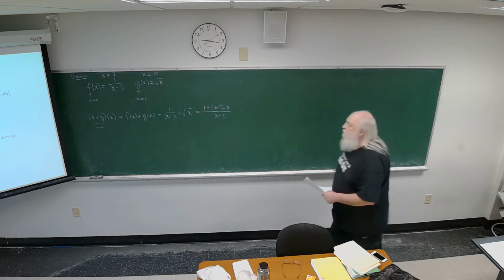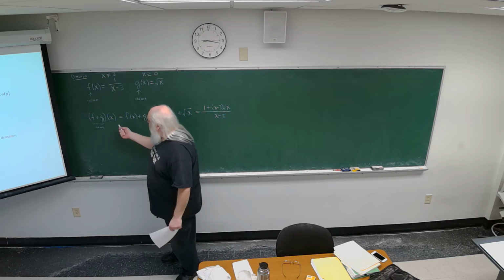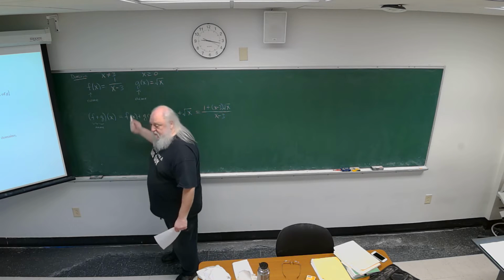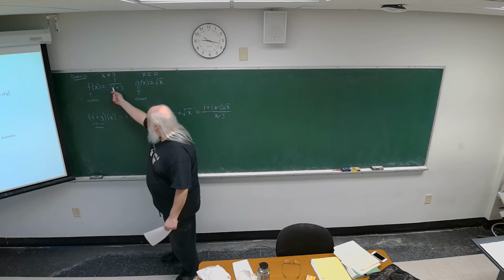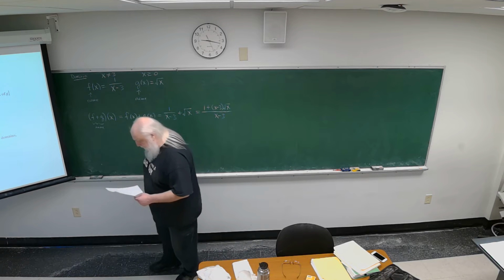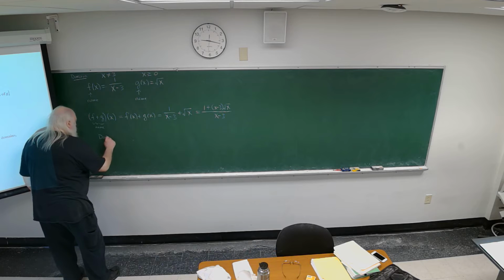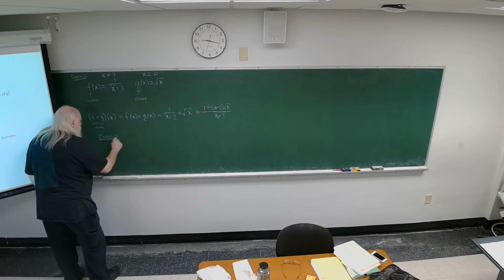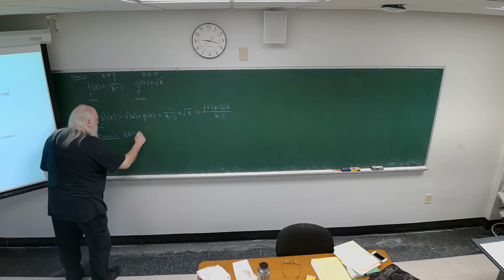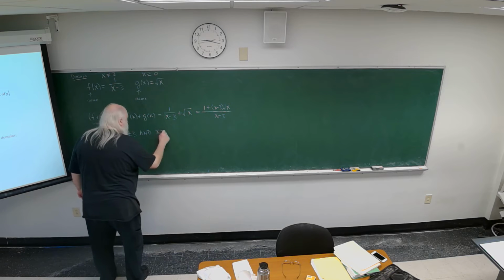So the domain for this function f plus g of x is all the values of x that are in the domain of f and in the domain of g. You have to take the intersection of these two domains. So the domain of f plus g of x is x can't equal 3 and x has to be greater than or equal to 0.